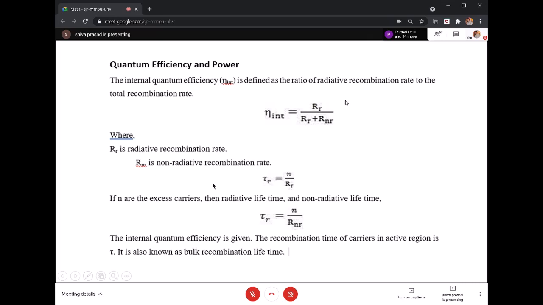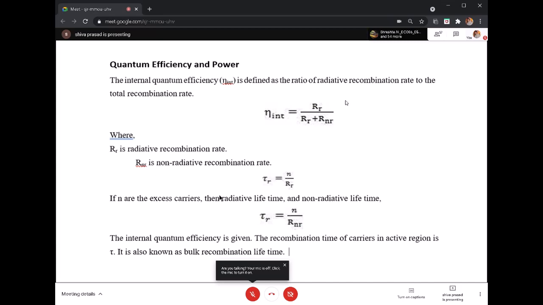Basically, consider an LED and its active region. If I want to find the internal quantum efficiency, then in that active region, electron-hole pairs recombine.